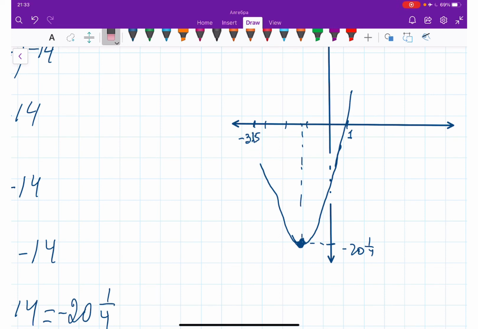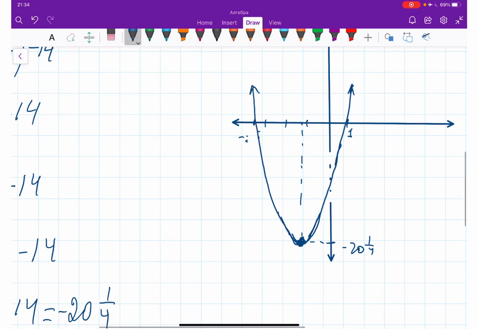I'll go this way. Okay, this is better. And this one, negative 3.5, right?